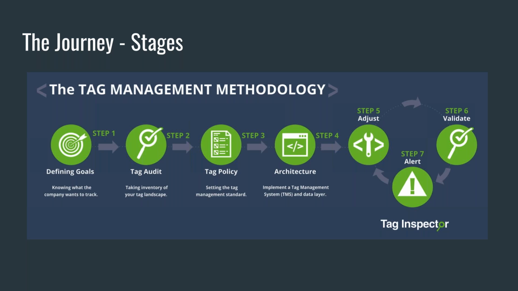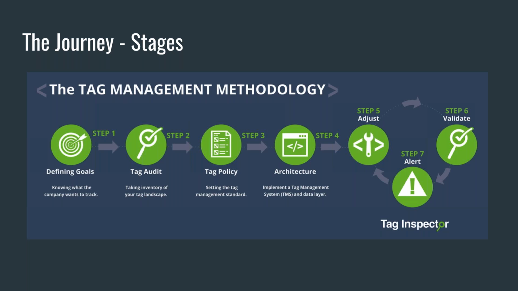Steps 5, 6, and 7 are that action loop. So we have the adjustments or your implementation, the validation and testing, and then the monitoring and alerting. And again, that is ongoing because if one thing is true of business, something is always changing, especially with your website. There might be a new redesign or some new functionality that's being introduced on the website.